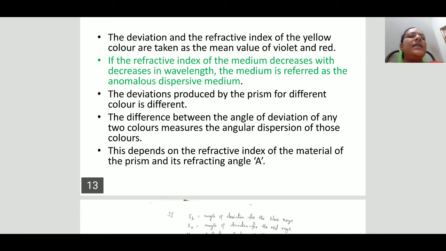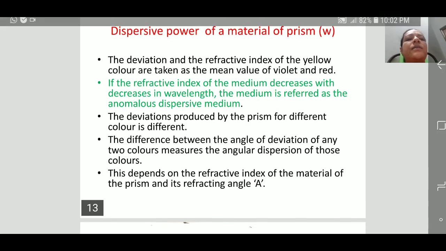Similarly, the difference is the angular dispersion. This is the difference between the angles of deviation of any two colors. Suppose mu v minus mu r gives the angular dispersion, that means delta v minus delta r gives the angular dispersion.